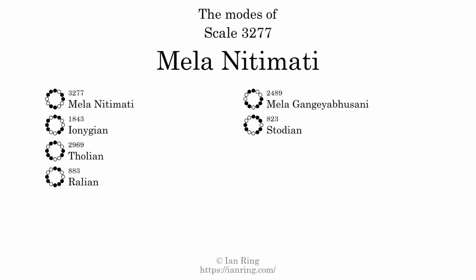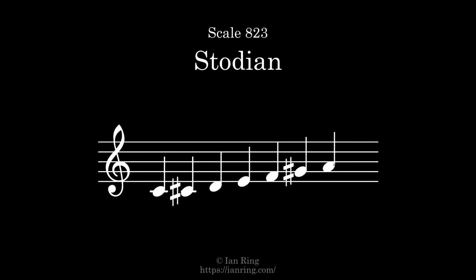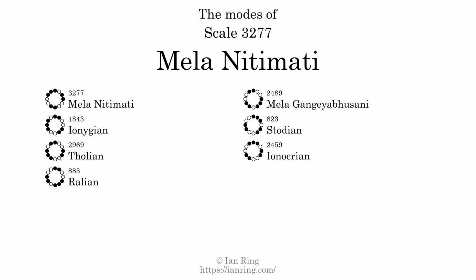The sixth mode is scale 823, also known as Stodian. It sounds like this. The seventh and last mode is scale 2459, also known as Ionocrian. It sounds like this.